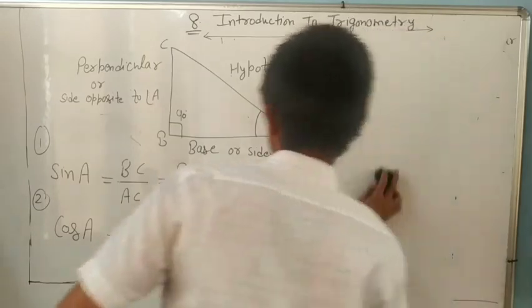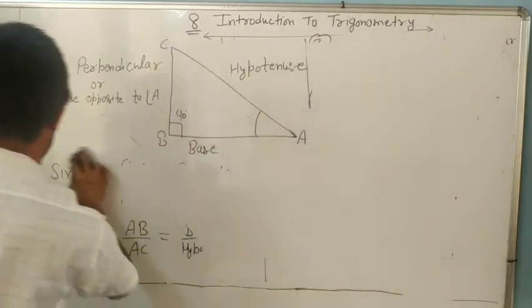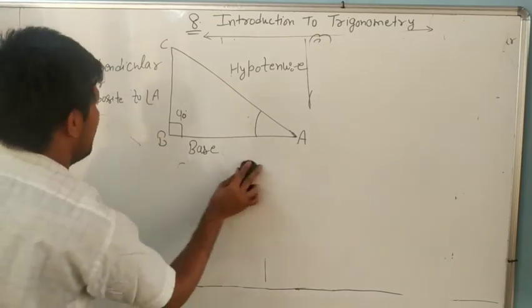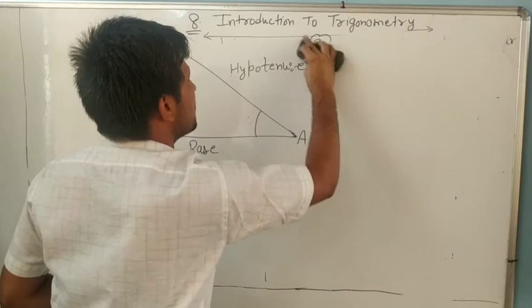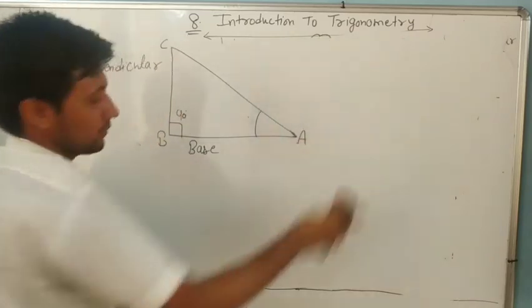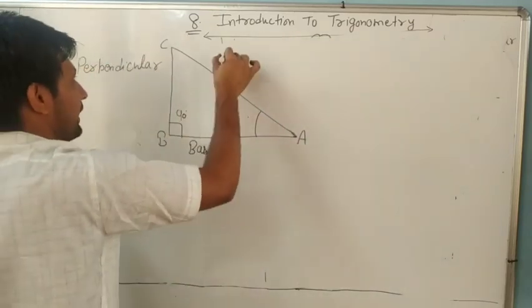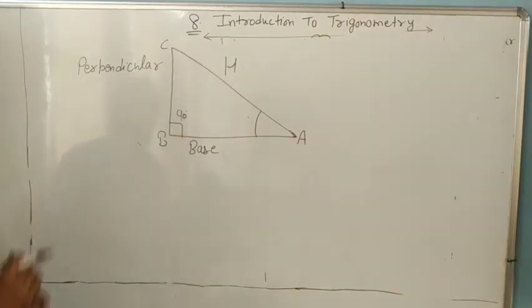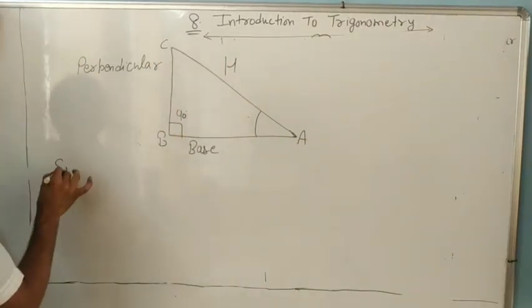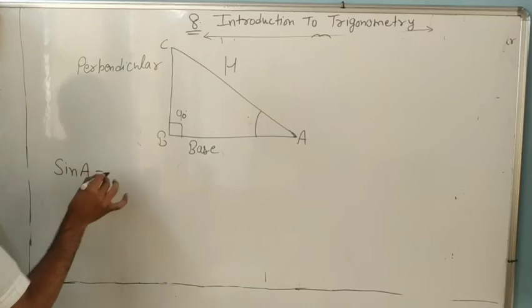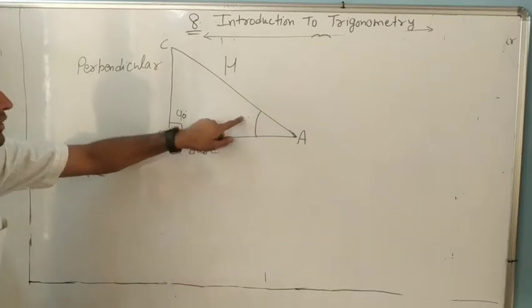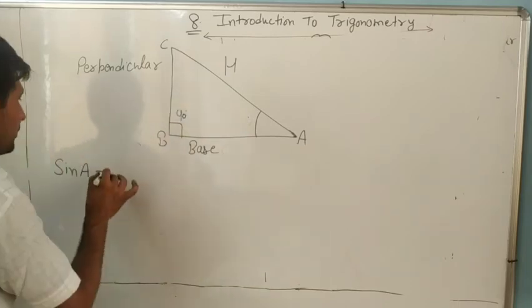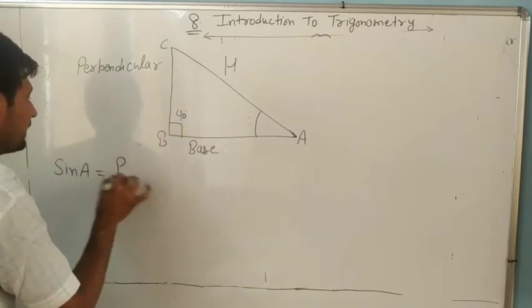Look at, now we will use only perpendicular and base like this, and hypotenuse. Now look at the board. Always sine of A, when we are taking angle A. Sine means the opposite of the angle, which is always perpendicular.